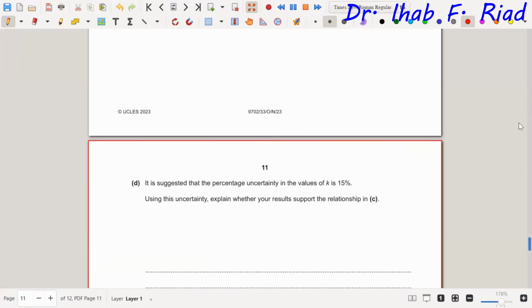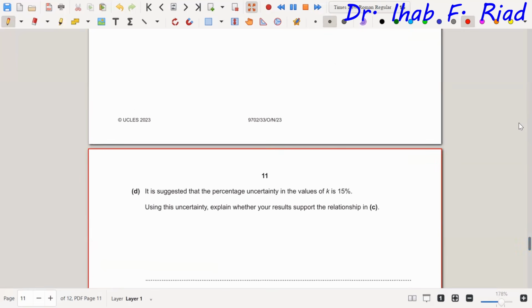Now, it is suggested that the percentage uncertainty in the value of K is 15%. Using this uncertainty, explain whether your result supports the relation in C or not. So, how do you think we can proceed?